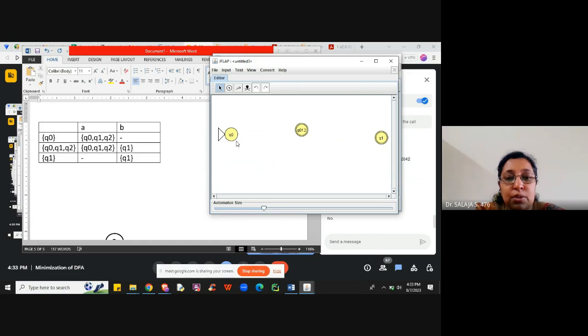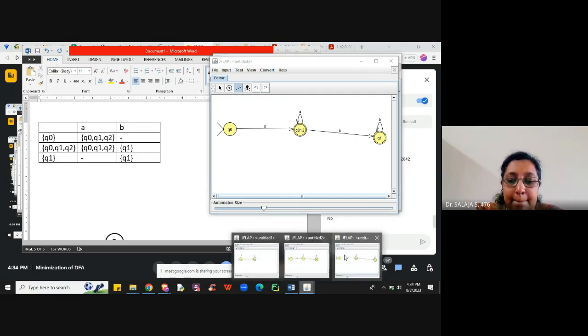From Q0 on A it moves to Q012. Q012 on A it moves to itself, and on B it moves to Q1. Again it moves to Q1 on B. Fine. So this becomes your DFA.